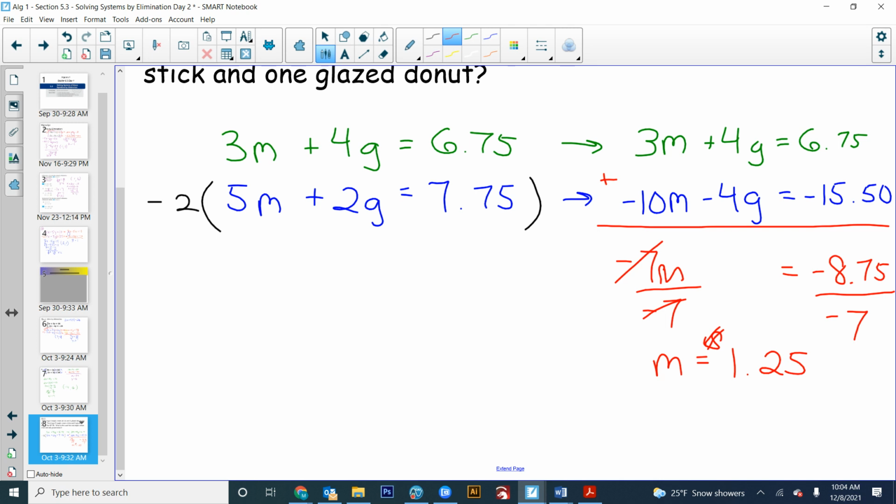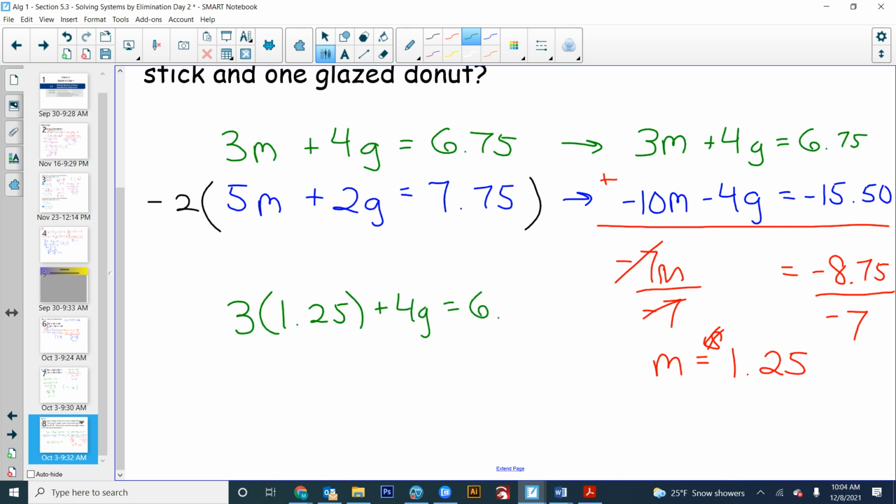What'd you get? One? Did you get one? 1.33? 0.75. Hold on, let's do this together, friends. All right, you want to plug it in top or bottom? Top? Okay. 3 times 1.25 plus 4G.